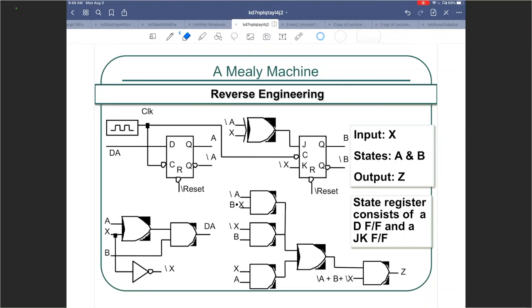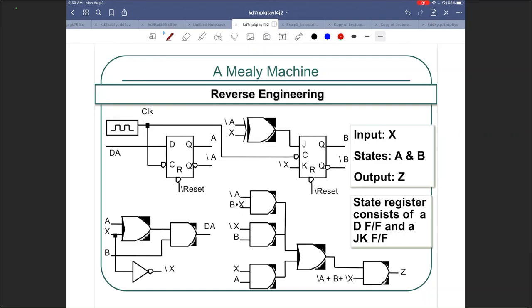If you need some practice, the slides are there. Refer to those to get some more practice. But I hope that today we have understood the basic skills of doing the reverse engineering.